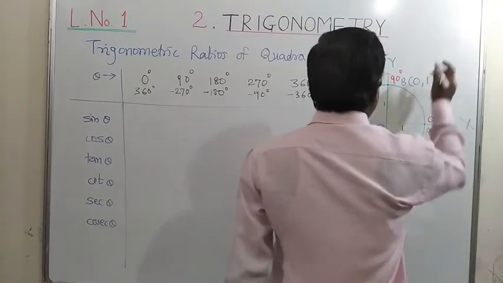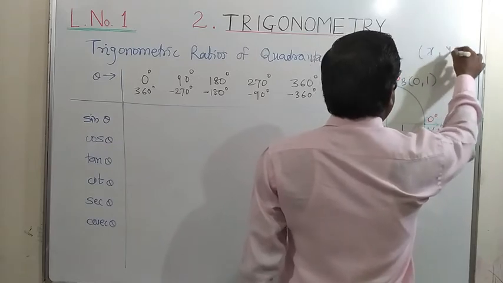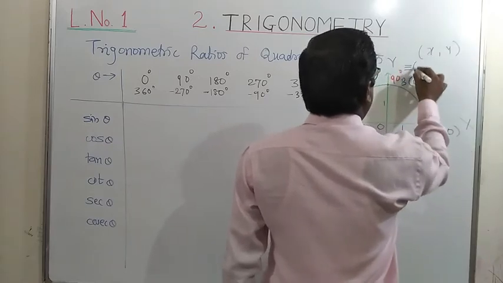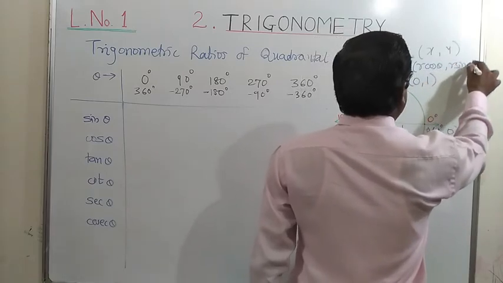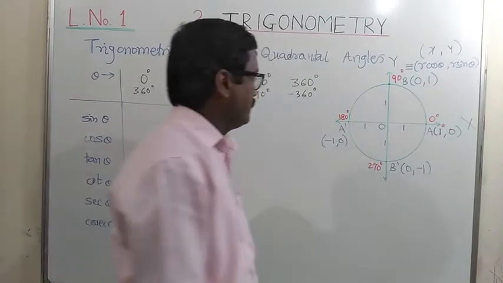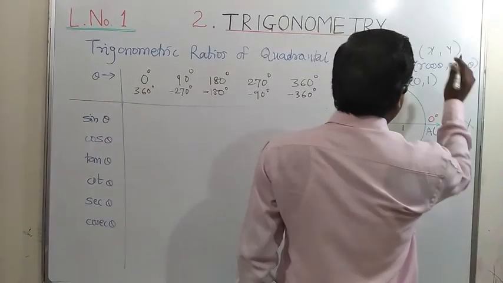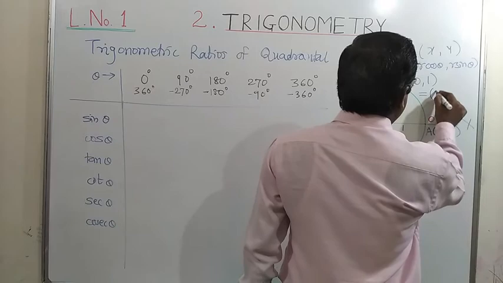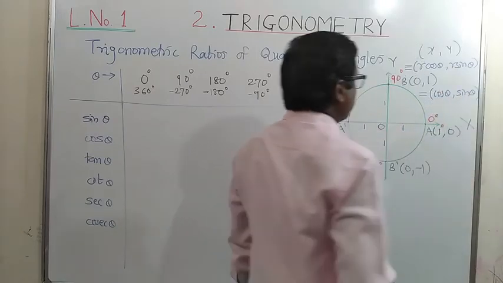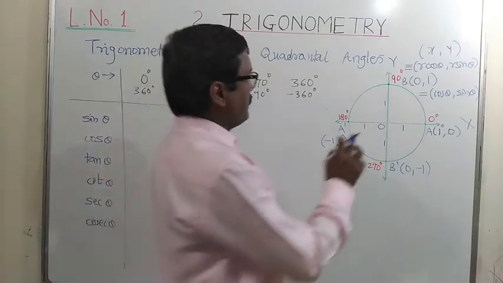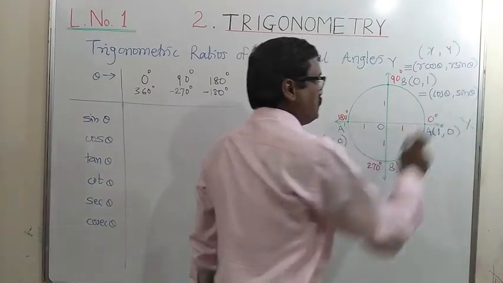We know that the coordinates of any point on the circle are x, y, and those x and y are nothing but r cos theta, r sin theta. But in this figure, we have considered r equal to 1, so these coordinates are nothing but cos theta and sin theta. So we will remember that the first coordinate x is related to cos theta and the second coordinate y is related to sin theta.